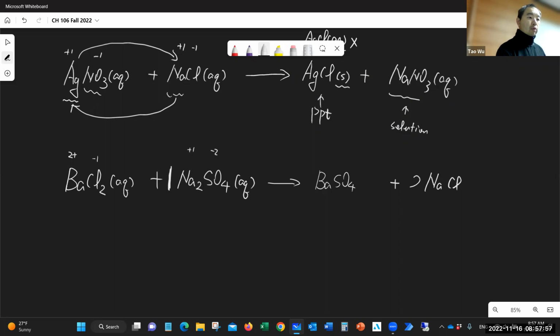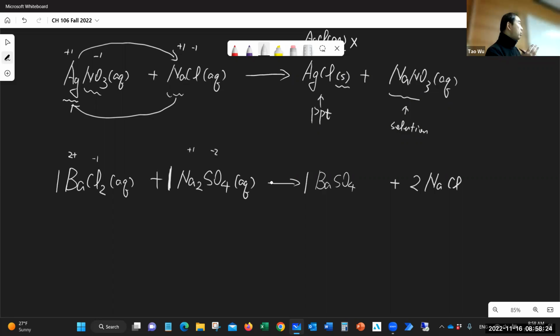So I should write 2 over here to make 2 sodium, and 1 over here to make 1 sulfate. Now we have the coefficients for all the products. Now you can see we have 1 barium and also 2 chloride, so we should write 1 over here. So we have 1 barium, 2 chloride. Then the equation is balanced.